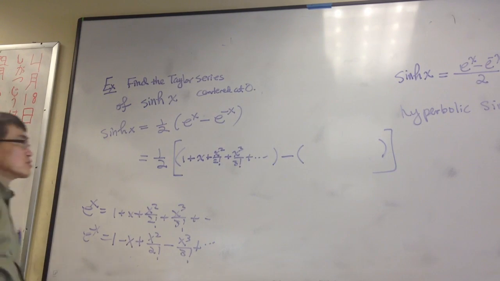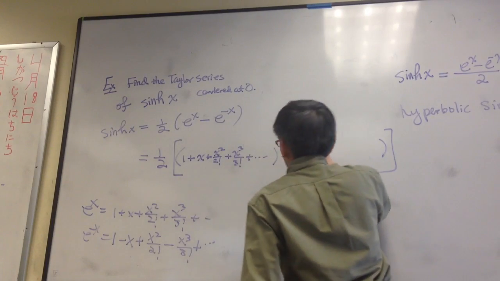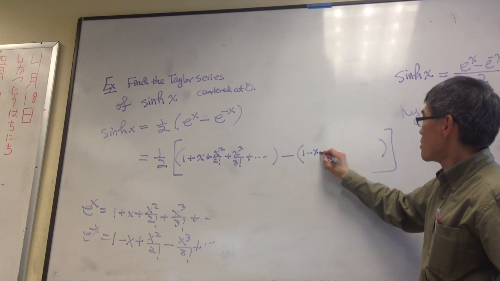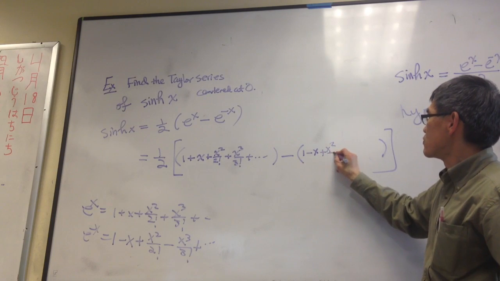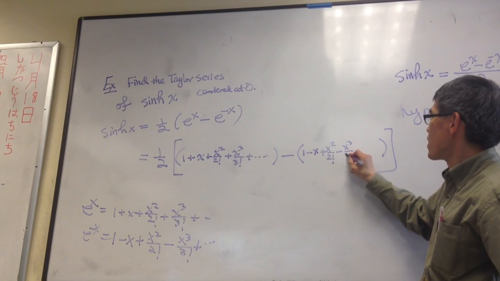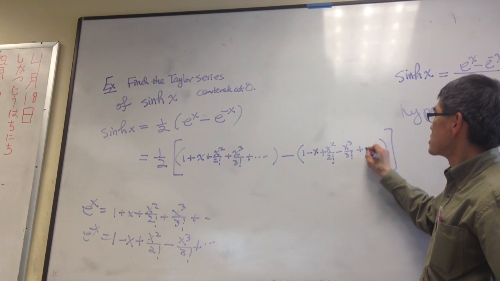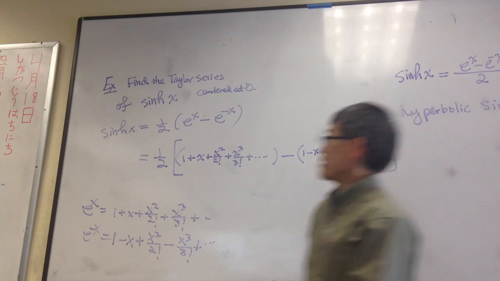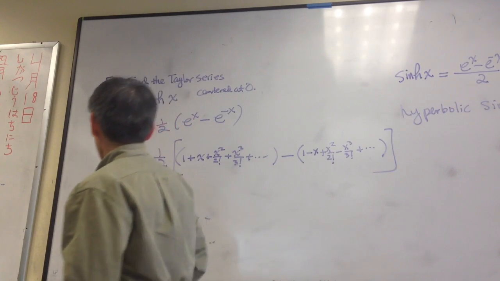And so this one becomes 1 minus x, start alternating, 1 minus x plus x squared over 2 factorial minus x cubed over 3 factorial plus dot dot dot. Is that right? Okay.